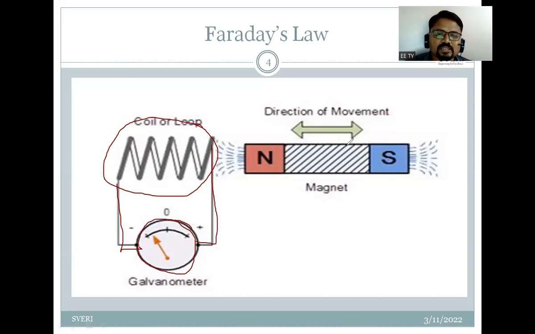After that, he took a magnet, which is shown here. This is the magnet. For the first time, he moved this magnet towards this coil.